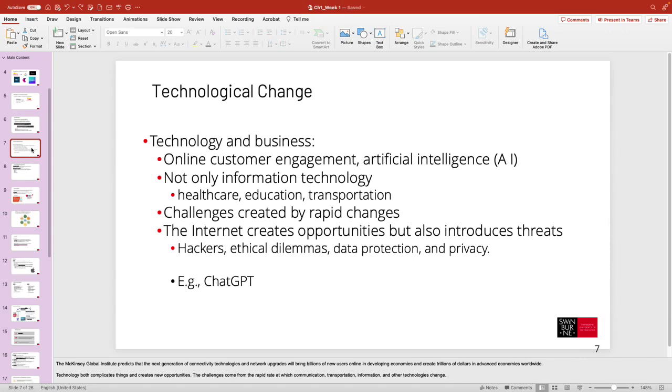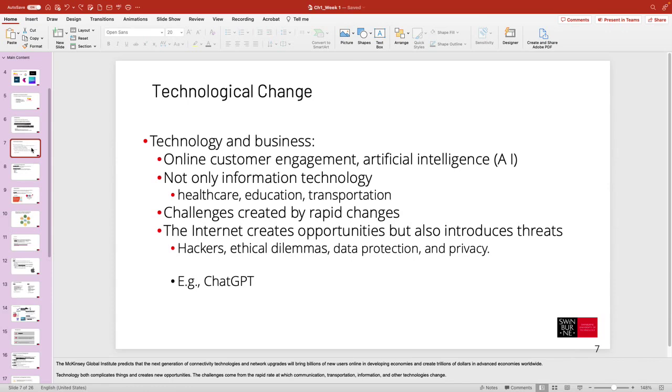We prefer to go to certain healthcare organizations because we know they have better technology that we can rely on than other healthcare centers. Education is the same. We prefer to go to certain institutions because we know they have better technology. And also transportation: driverless cars are already in use, so these kinds of changes are happening.